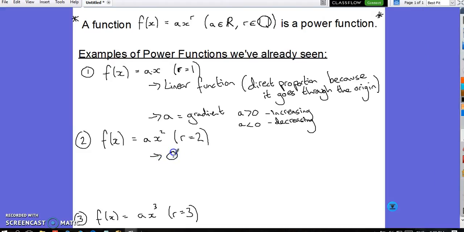So, as I've said, this is a quadratic function. Again, it must go through the origin because we're not adding anything. So if x is 0, f of x is going to be 0. And we know that the graph is a parabola.